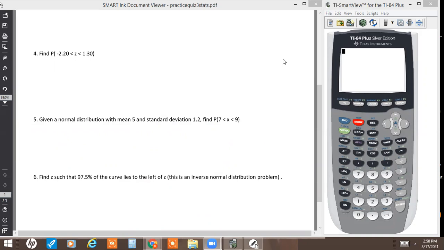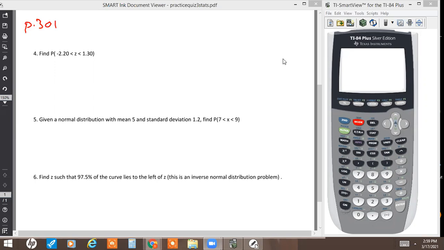By the way, normal CDF in your textbook under check notes, where they show you in the textbook how to do this stuff, is on page 301. Instructions and an example. So you might want to look back over that.